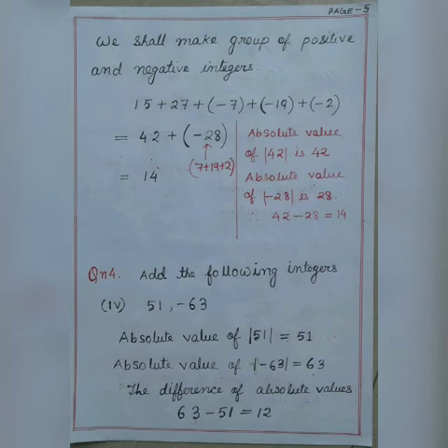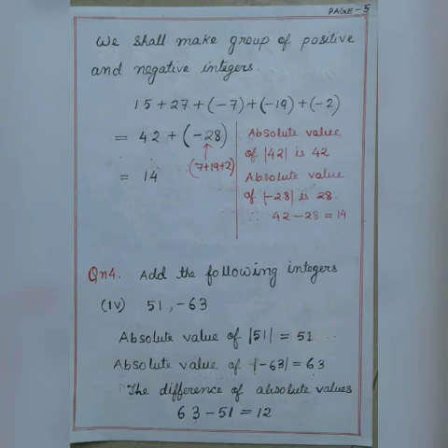So 15 plus 27, the sum is 42, and the sum of the negative integers is minus 28. So we get 42 plus minus 28. Absolute value of 42 is 42 and absolute value of minus 28 is 28.